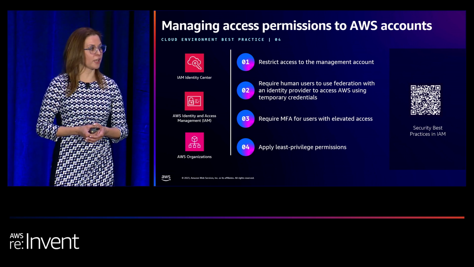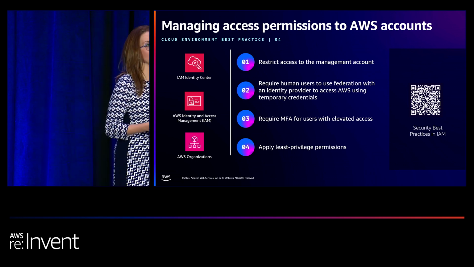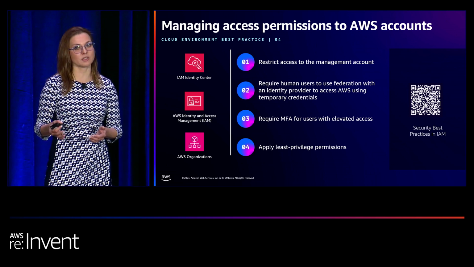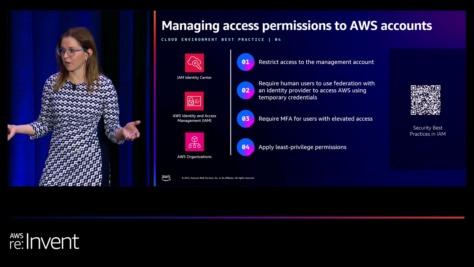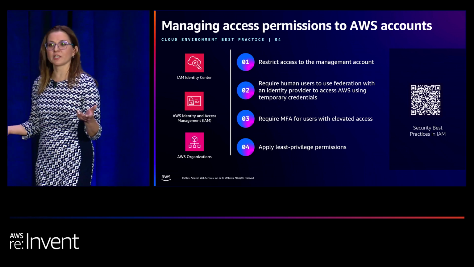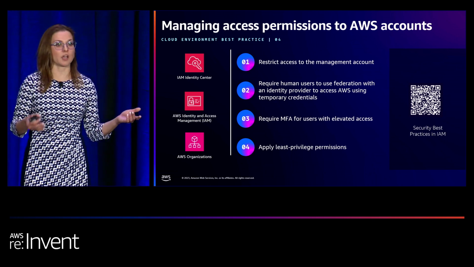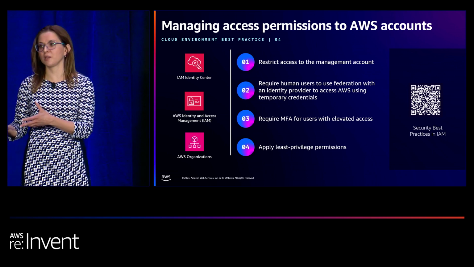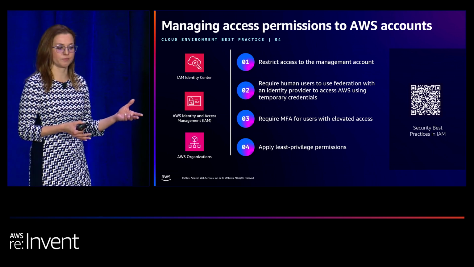And then for centralized access management, you can use IAM Identity Center to manage your access and permissions across a multi-account environment. And you may have an existing identity provider, IdP, like Okta, Ping, JumpCloud. You can integrate your existing identity provider with Identity Center.